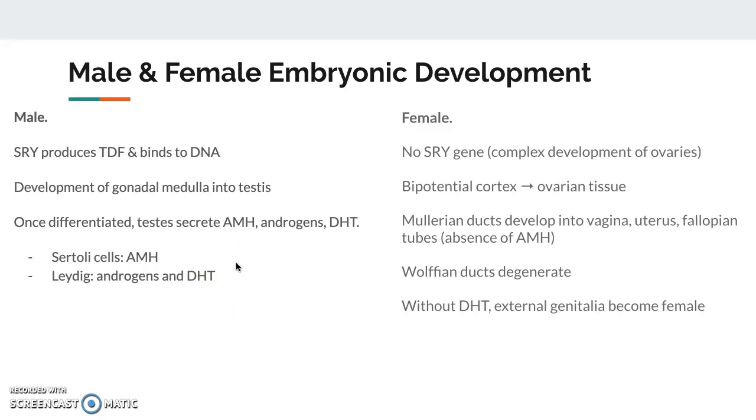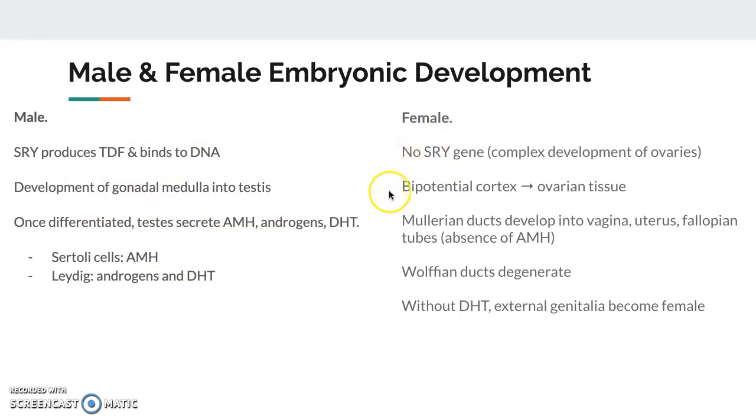So in females, there's no SRY gene, no sex-determining region of the Y chromosome, and that cascades into all these different things. They're kind of like algorithms. If there's an SRY present, then it'll defer to its algorithm that goes down the line of all the development. So, no SRY gene. The book talks about a complex development of ovaries regarding hormones and genes, so they don't specify the certain hormones and genes like they do in the male development.